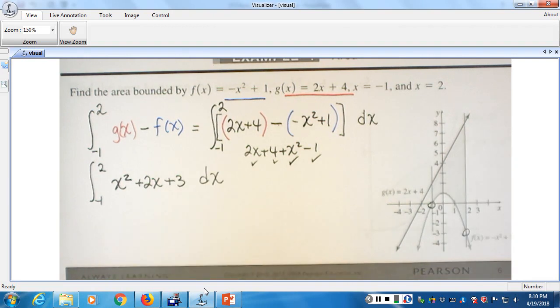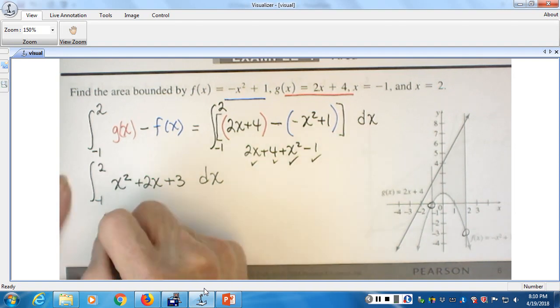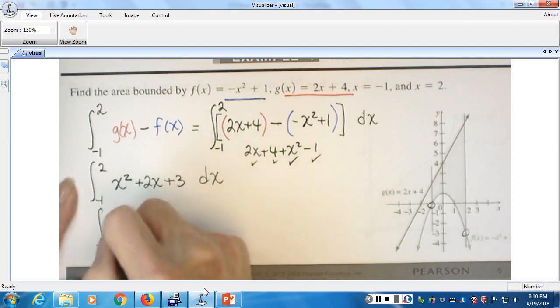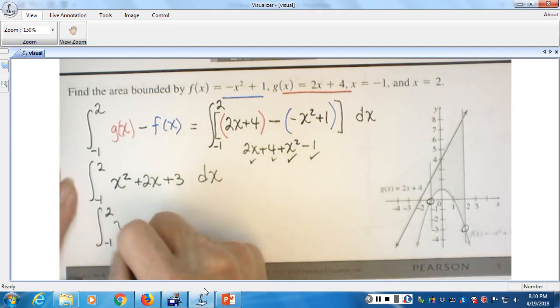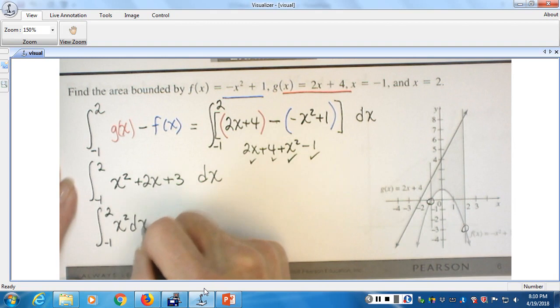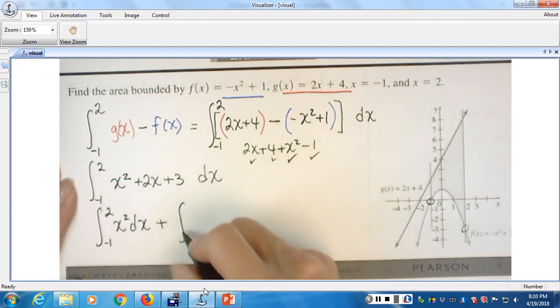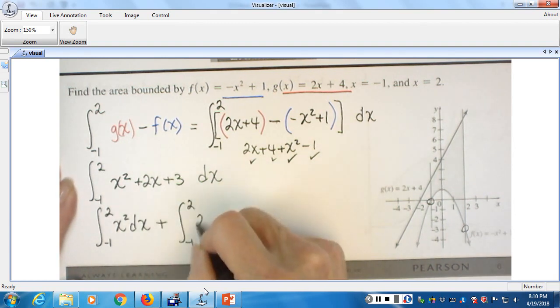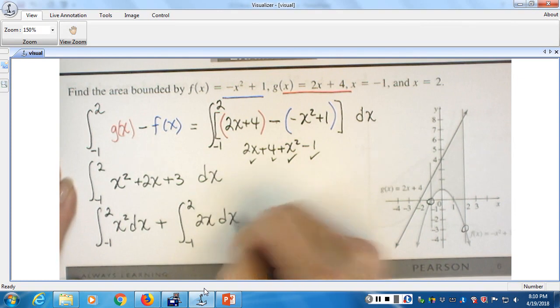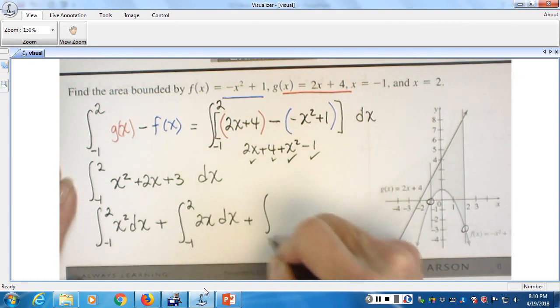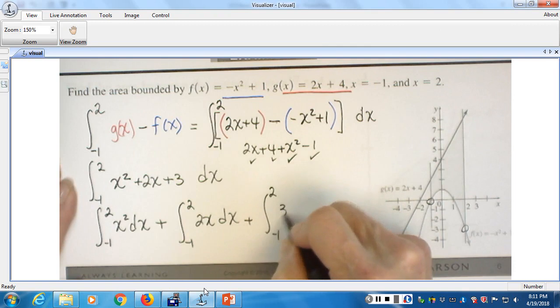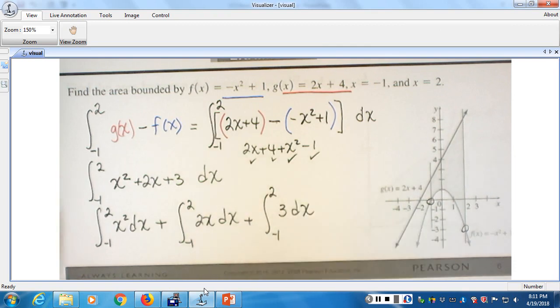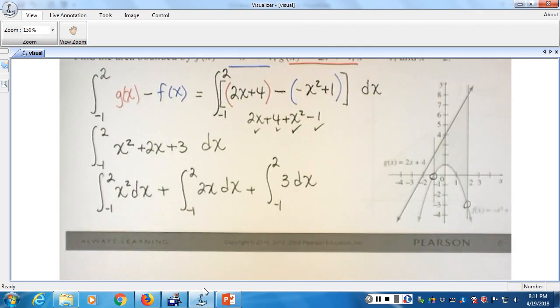We're going to actually integrate the difference in the two functions. And we're going to do this one term by term. So we're going to break it up into baby steps.